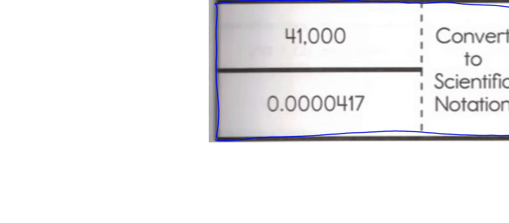Okay, so let's go to this one first. Converting to scientific notation, again, my first step is to place the decimal point so that the number is greater than 1 and less than 10. So my decimal point is going to go between the 4 and the 1, right here. And then I'm going to figure out how many places I move my decimal.